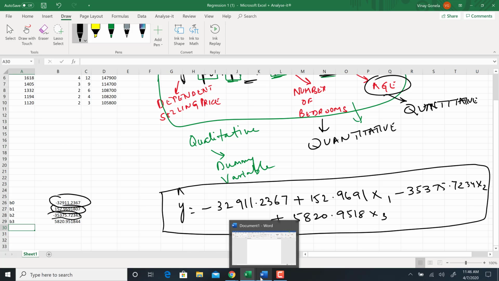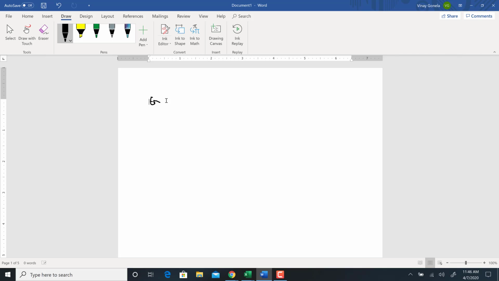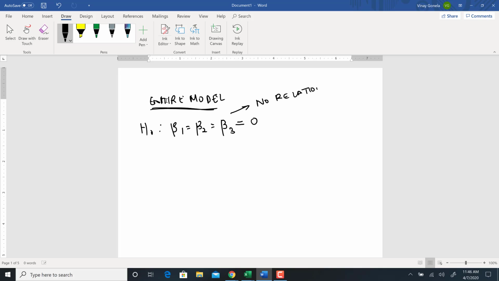To do that, we discussed previously that for the entire model, if you are doing hypothesis testing, the null hypothesis is beta 1 is equal to beta 2 is equal to, in this case we have 3 variables, so you will go until beta 3, that should be equal to 0. That means there is no relationship between y and x1, x2, x3.